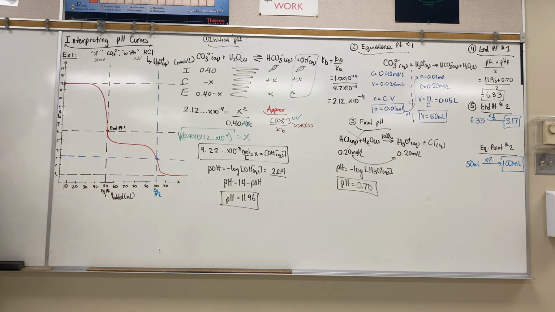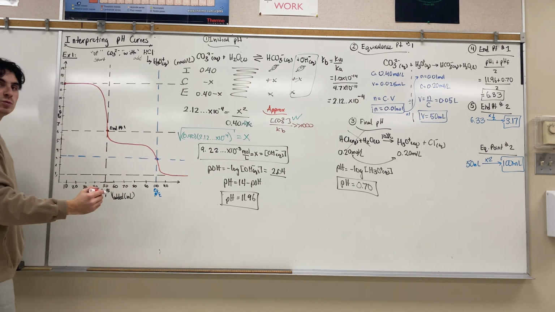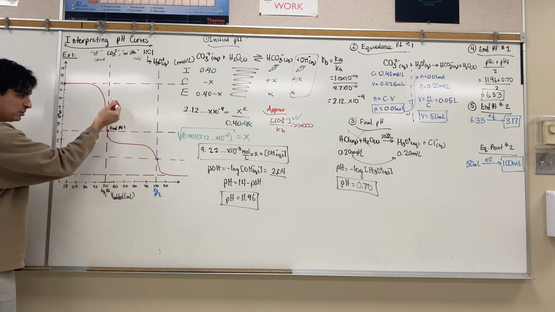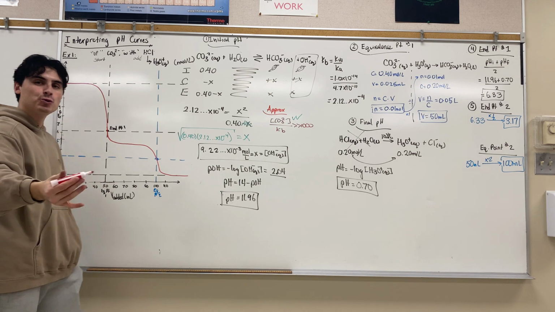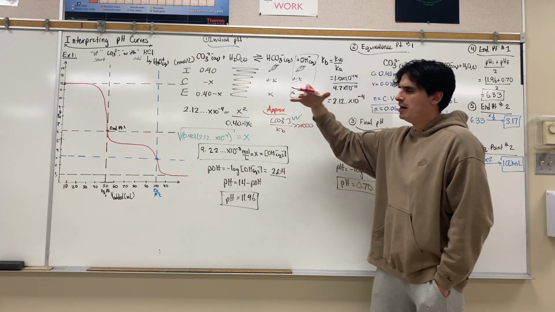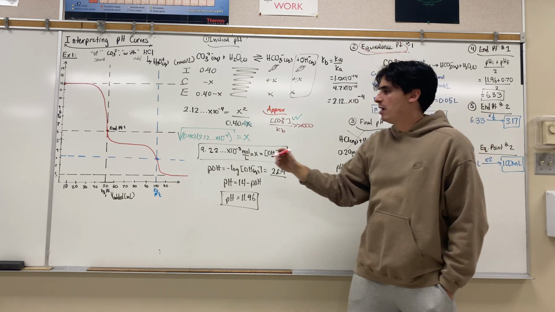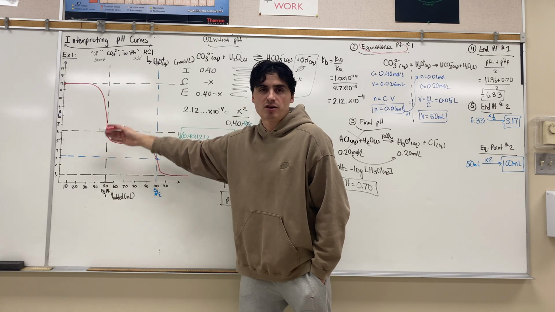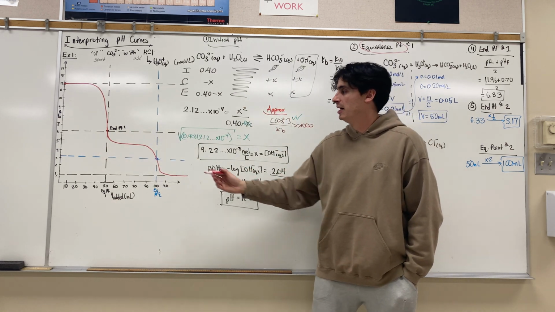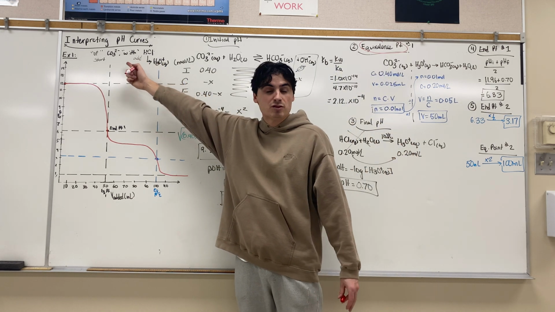If you look at it, we have 2 sharp drops, which means we have 2 neutralizations. We'll call them equivalence points. We have 1 equivalence point, which is our first sharp change in pH, and then we have a second one. And the reason we have 2 is because we have a charge of 2 minus.